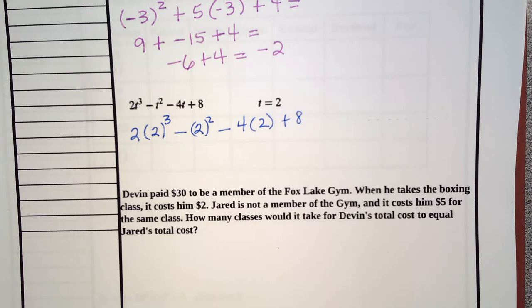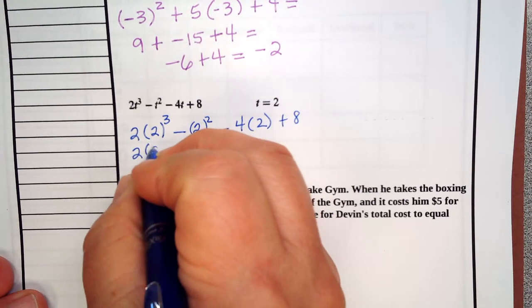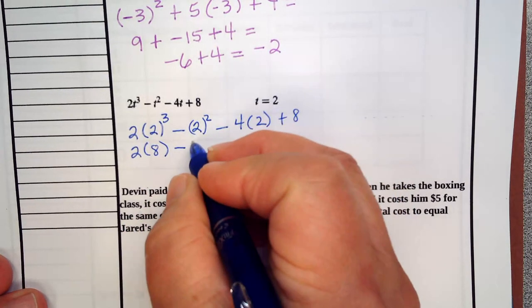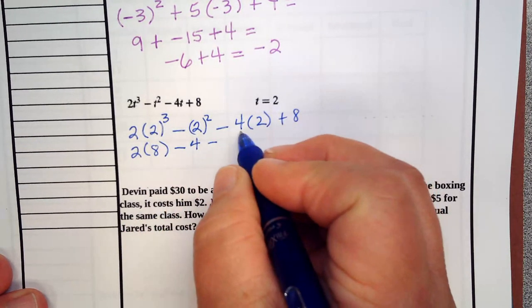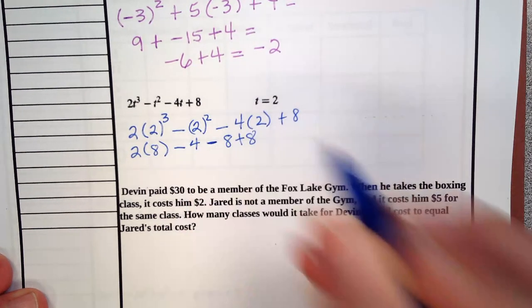Two to the third power: 2 times 2 is 4, times 2 again is 8. So this is 2 times 8, minus 2 times 2 is 4, minus 4 times 2 is 8, plus 8.